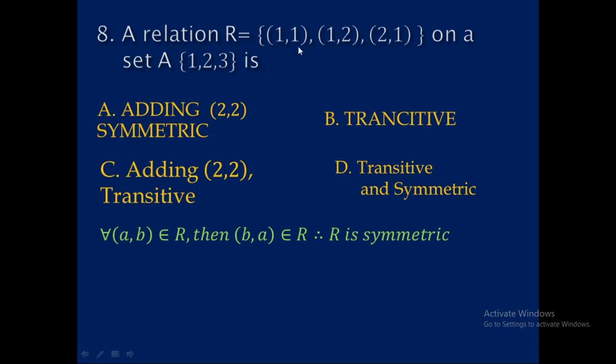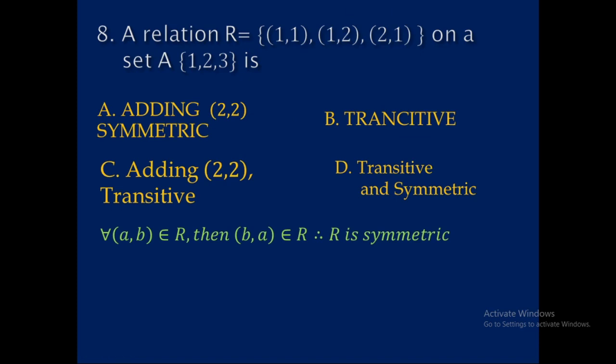When we look, we get (1,1) and (1,2), that is (a,b), (b,c): (1,2) belongs to R. (1,1) and (2,1), and (1,1) belongs to R. So (1,1) also belongs to R. (1,2) and (2,1) belong to R, and (1,1) belongs to R. Generally when we look, R is transitive.